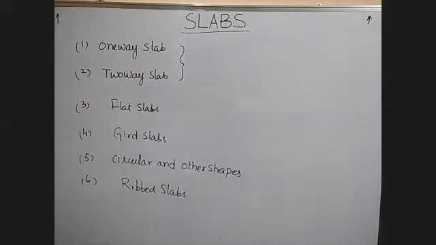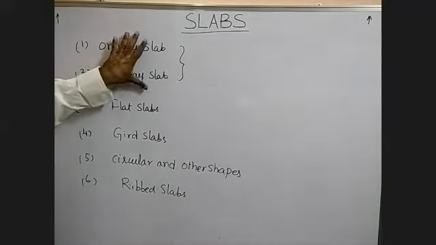This is in our syllabus only. The other slabs are not in our syllabus. Maybe it may be in RCS two. I don't know, but we will study that afterwards.